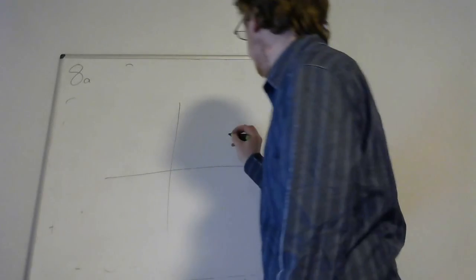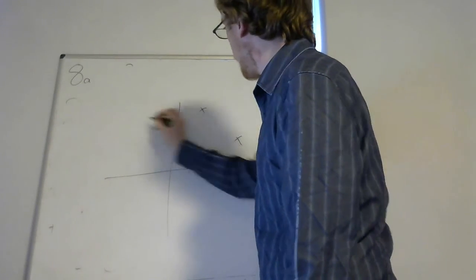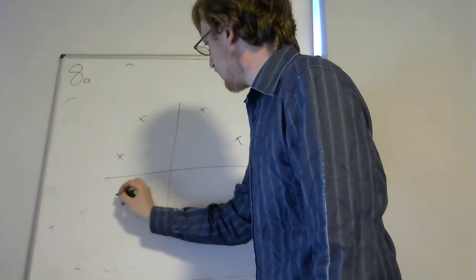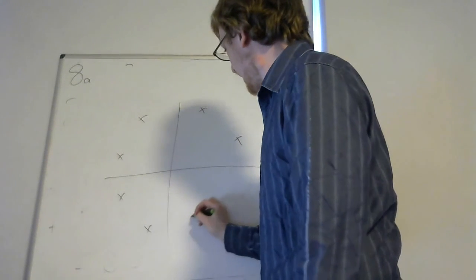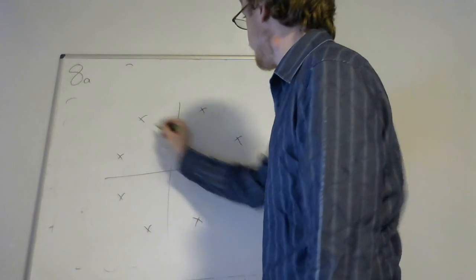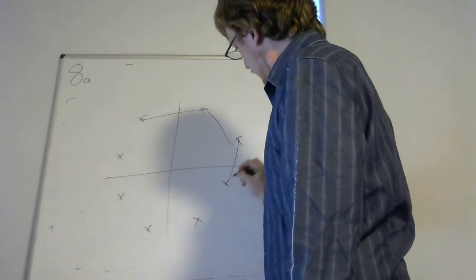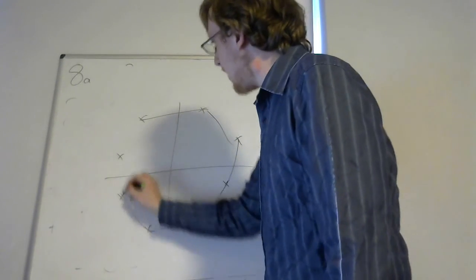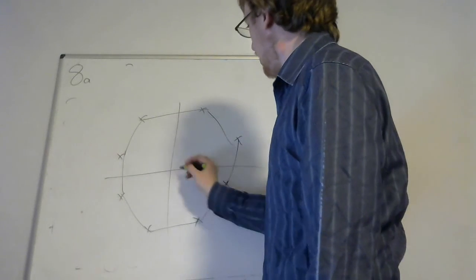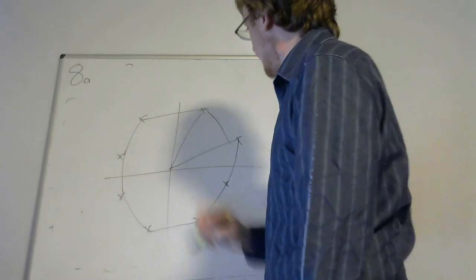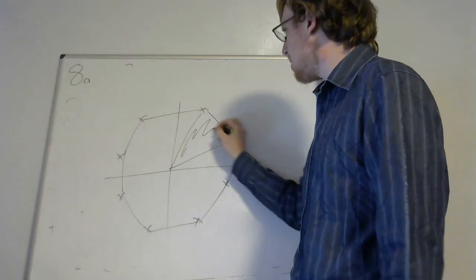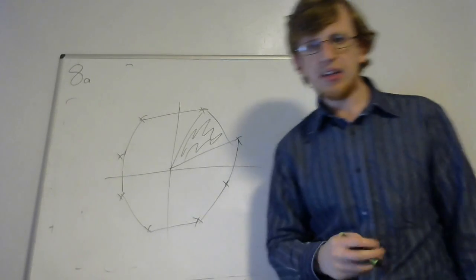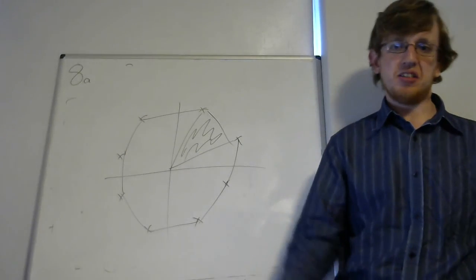You know, if you had eight solutions like this, well, you could find out the area of that octagon by realizing that it's that triangle here multiplied by 8. Could be a question. Who knows?